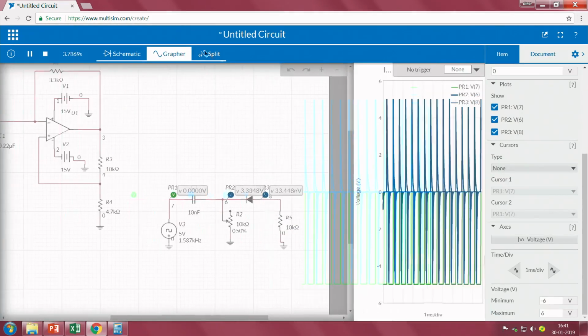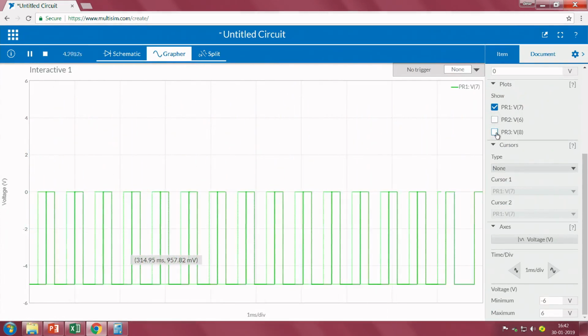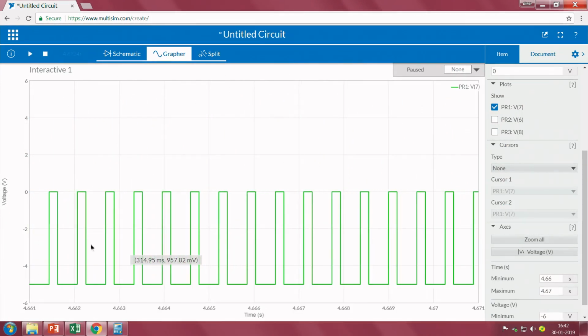So when I go to the graph, I'll first enable PR1, disabling PR2 and PR3. It is clear we are getting on time as well as off time, similar to the previous one, but since you have a shift, you have this too, right.